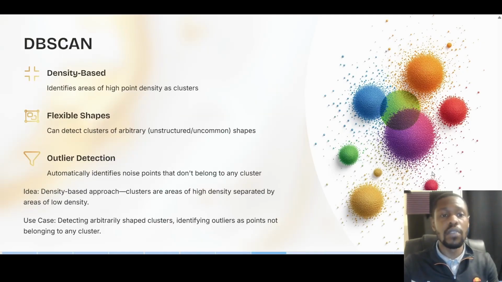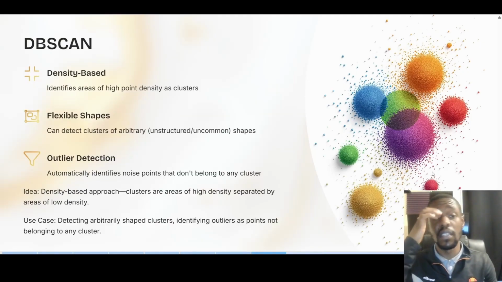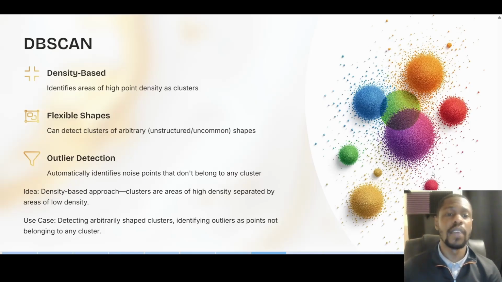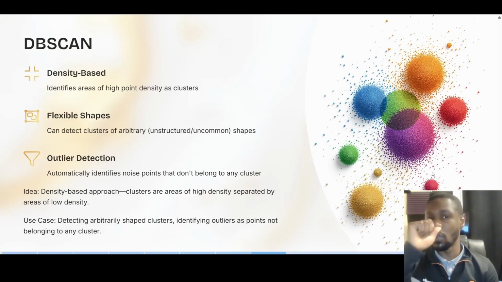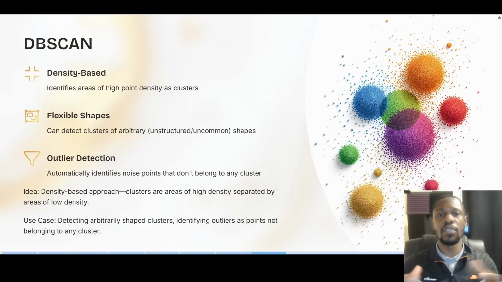Another clustering method we have is DBSCAN, otherwise known as density-based spatial clustering. We identify areas of high point density as clusters. The benefit is it can detect clusters of arbitrary shapes, meaning unstructured or uncommon types of patterns. It's also very good for outlier detection, meaning anomaly detection.